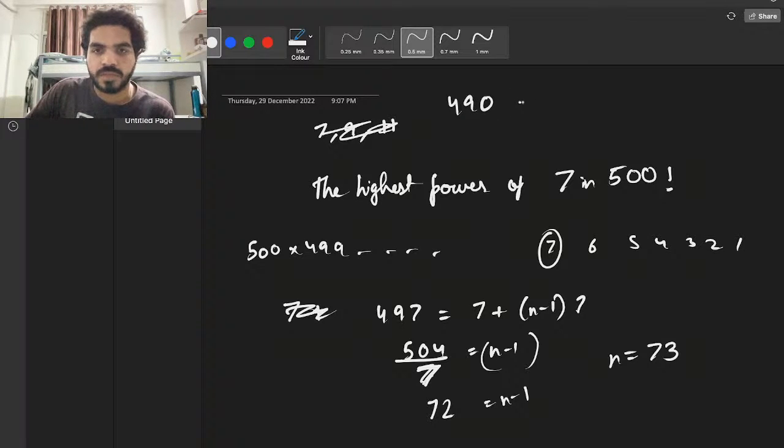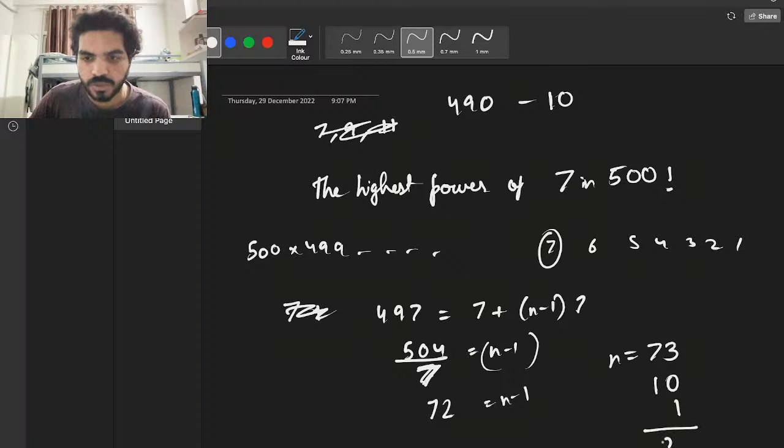So we have 10 numbers which are multiples of 49, which will have the secondary 7. So we will add 10 here, and one multiple of 343, that is the 7 cube. So at the end, the total sum will be 84, and that is available in the option. So 84 will be the answer.